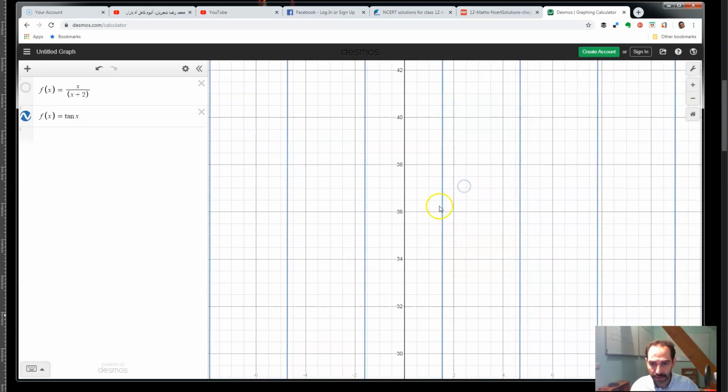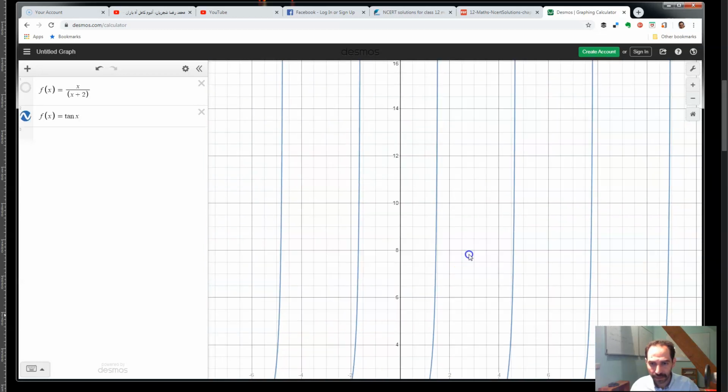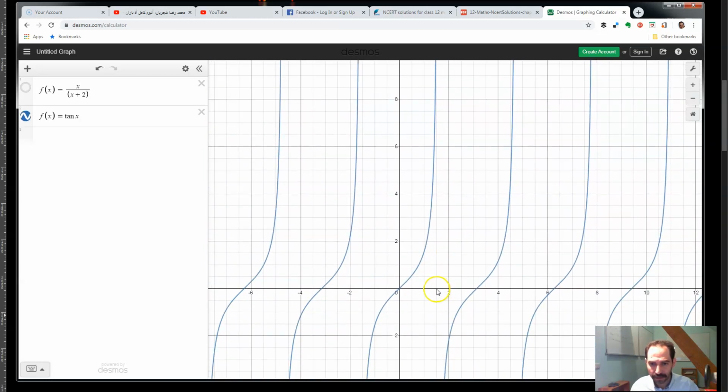Now let's take it at this point, which is something about 1, 2, 3, and 4. Each of these segments is, well, this is 2, so 2 divided by 4 is 0.5, so this is 1.5, right?